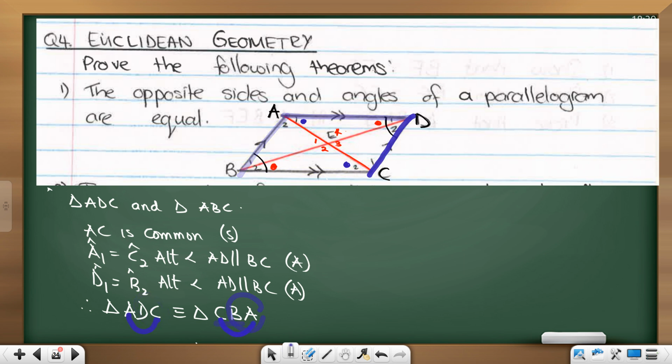Then AC. That's why the order is very key. Okay, therefore, are equal. So basically, we're using alternate and common.